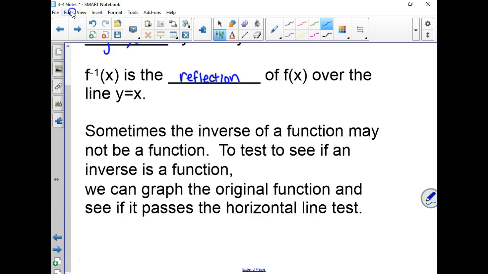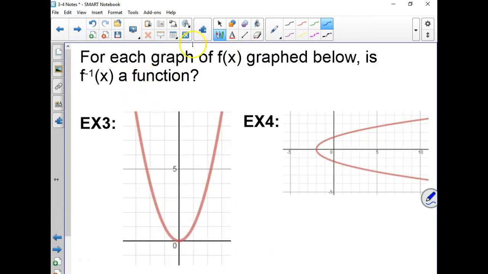Let's look at the problems that we'll have here. If we have a graph like example 3 here, this is our original function.